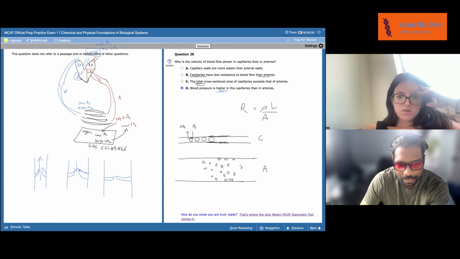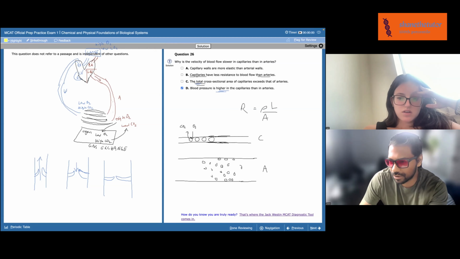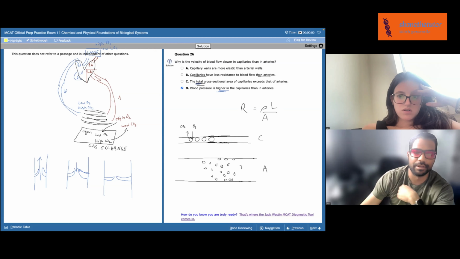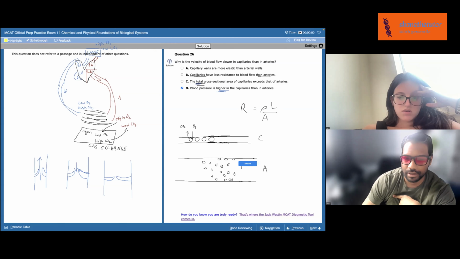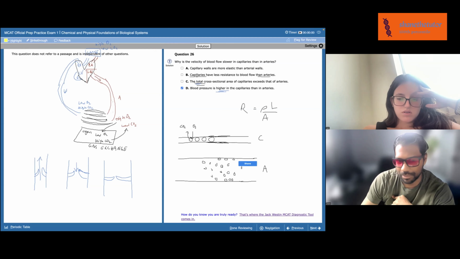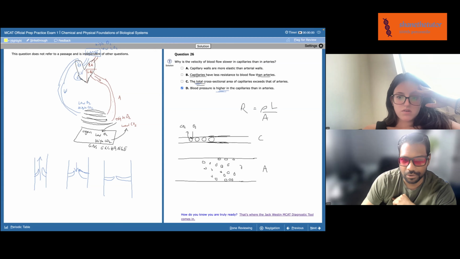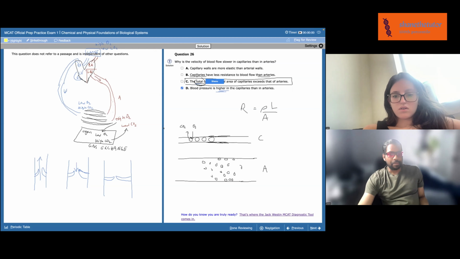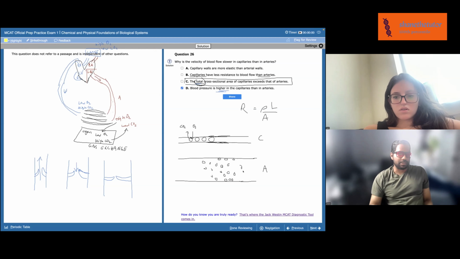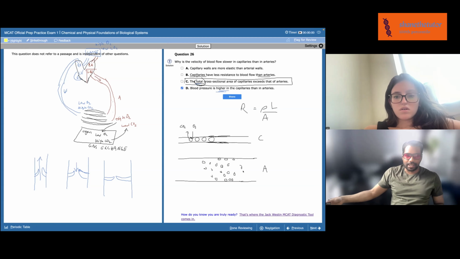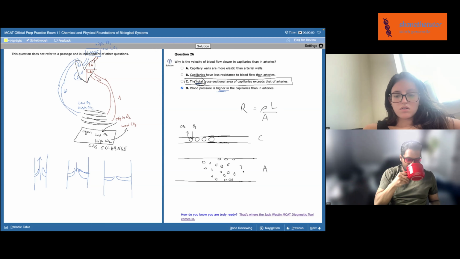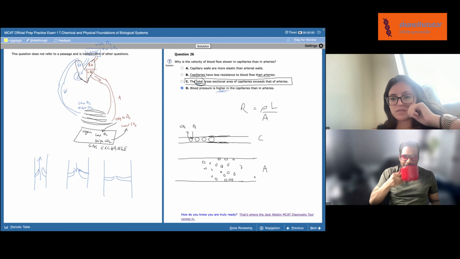You're not going to have capillaries vasoconstrict or dilate the way an artery or a vein would. And it's because of the word total. But it should also make sense that blood pressure is highest in the arteries. Yep, it sounds good.